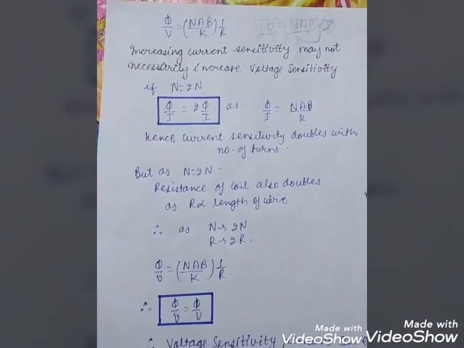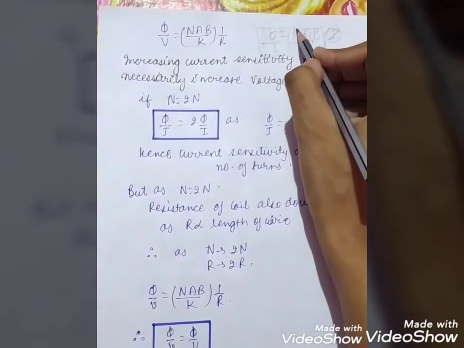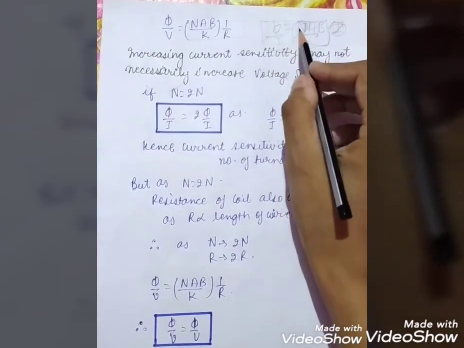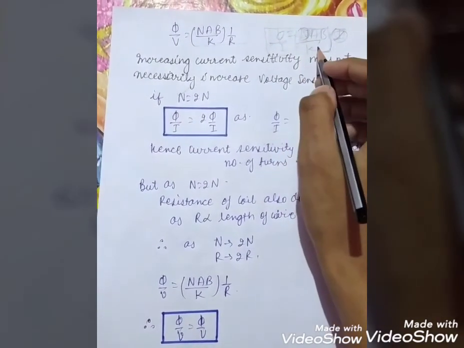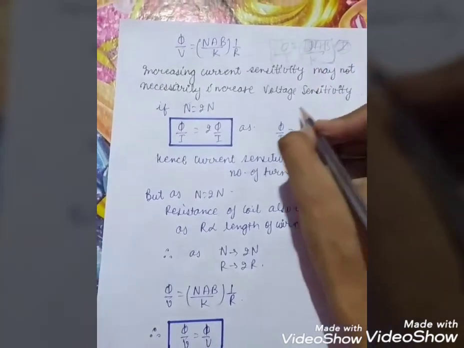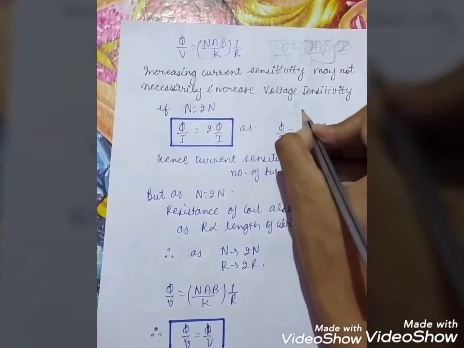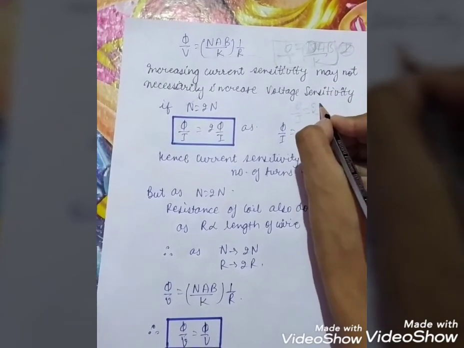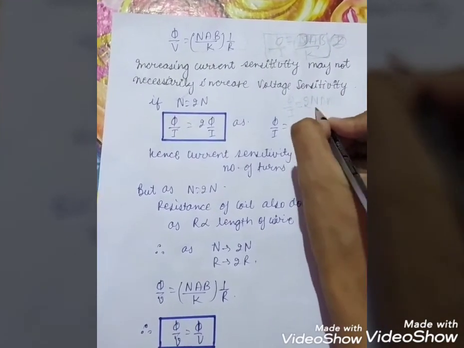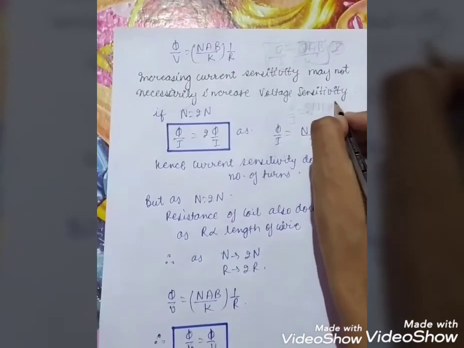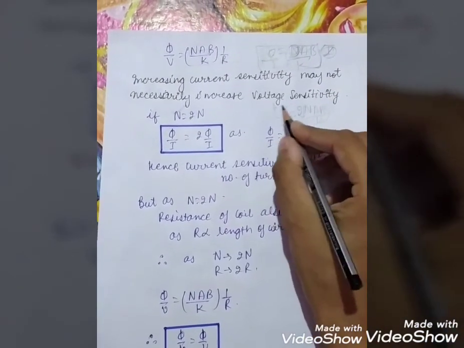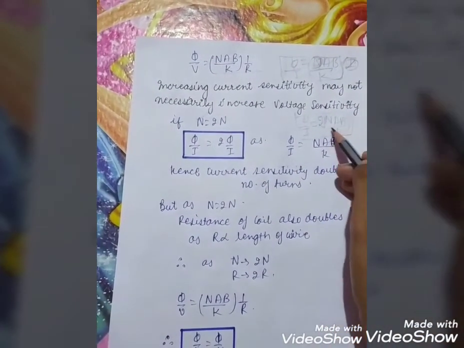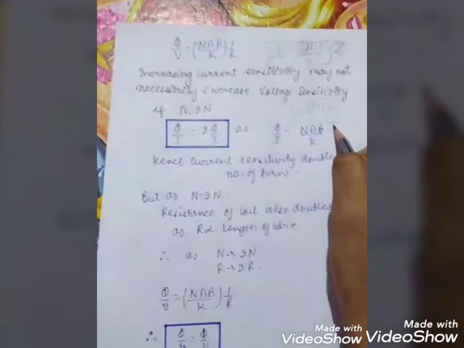So we can say that if I increase the number of turns from n to 2n, simply doubling the number of turns, then phi divided by I becomes 2NAB divided by K. So earlier it was NAB divided by K, but now it is 2NAB divided by K. What is happening?